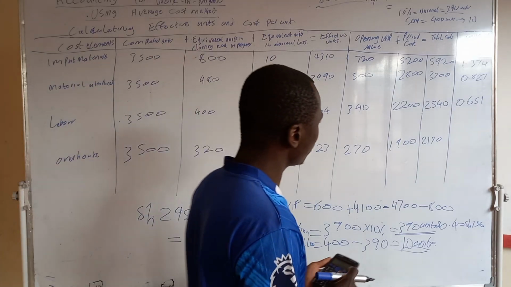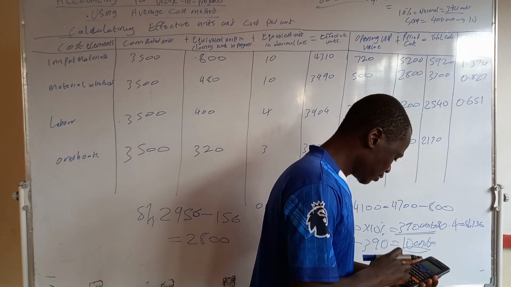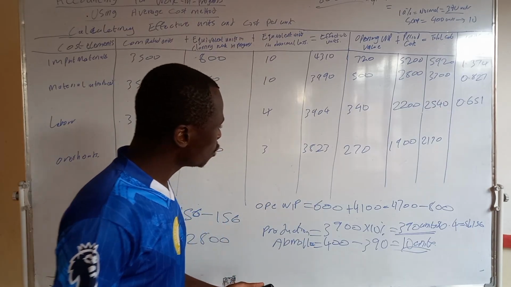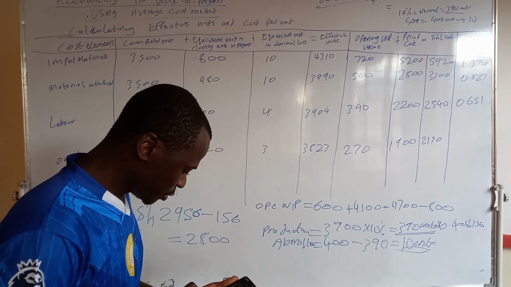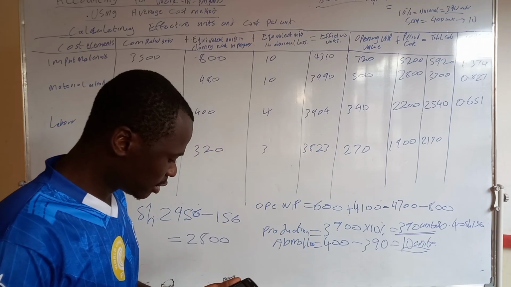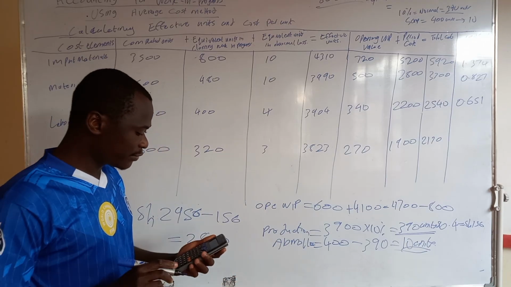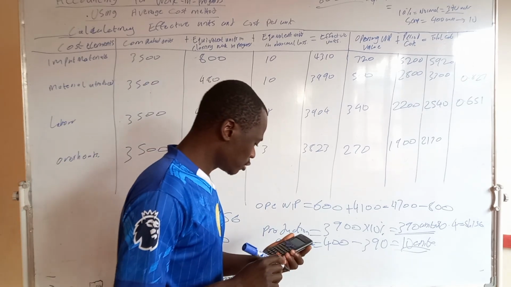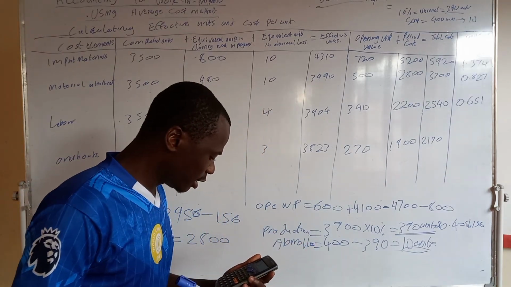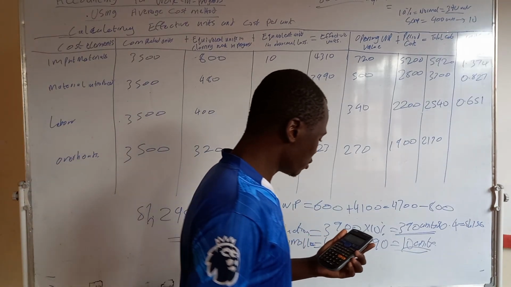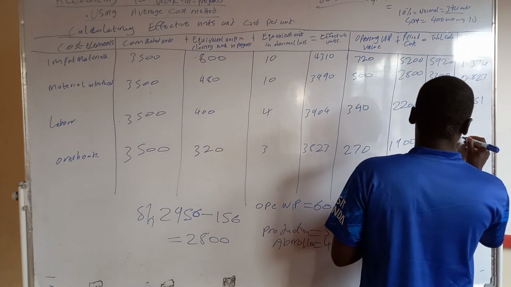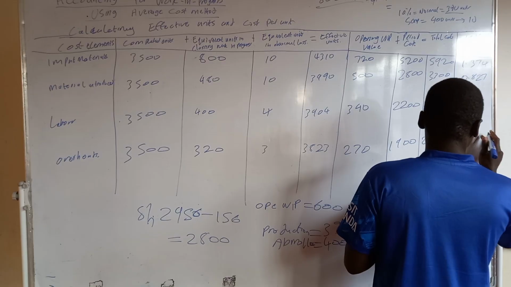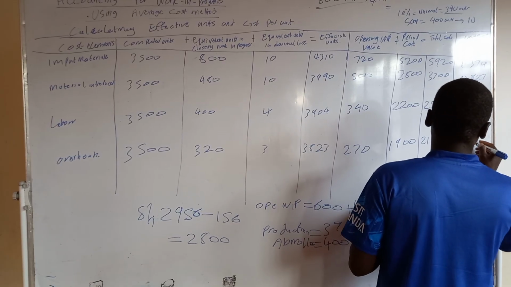We have 2,170 divided by 3,823. That gives us 0.567, or more precisely 0.5676, so let us round it off.